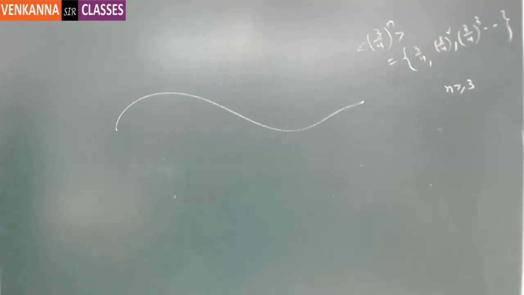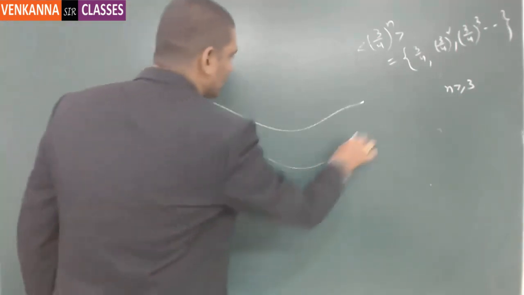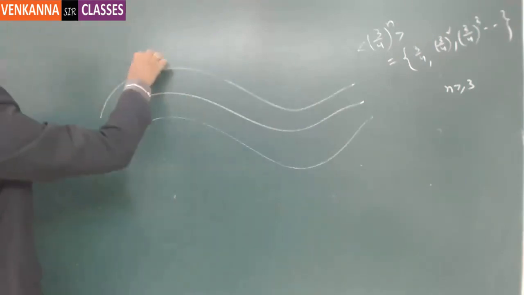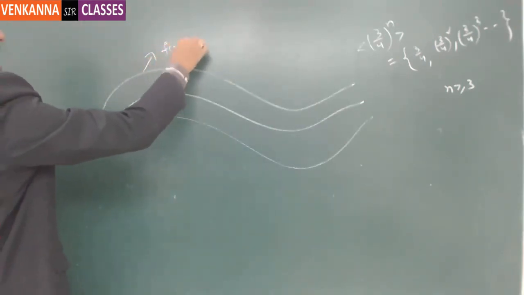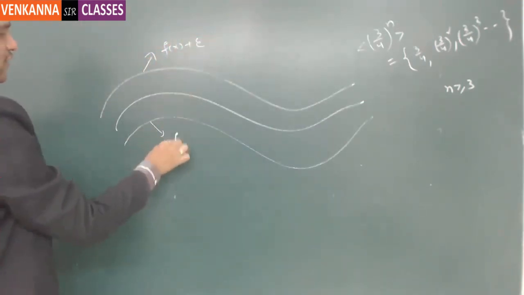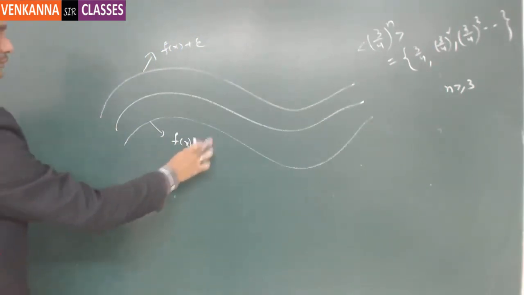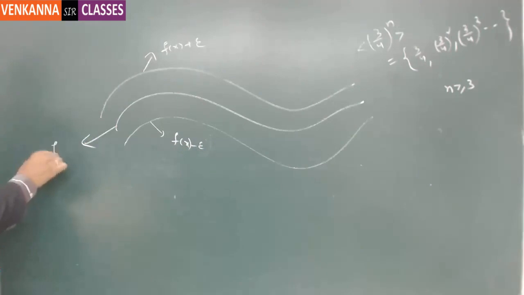Then you will have f of x minus epsilon and f of x plus epsilon. The corresponding graphs will come. So this is f of x plus epsilon. This is f of x minus epsilon. And this is the limit function f of x.